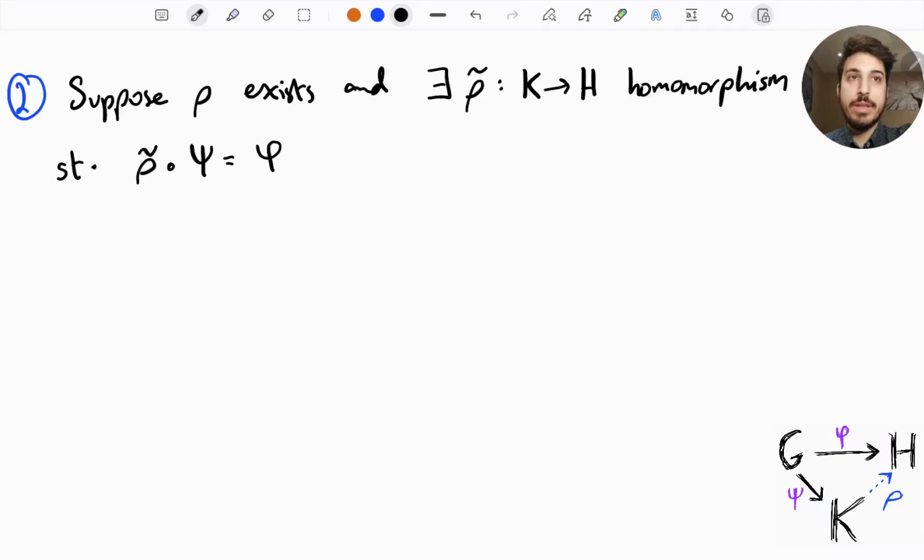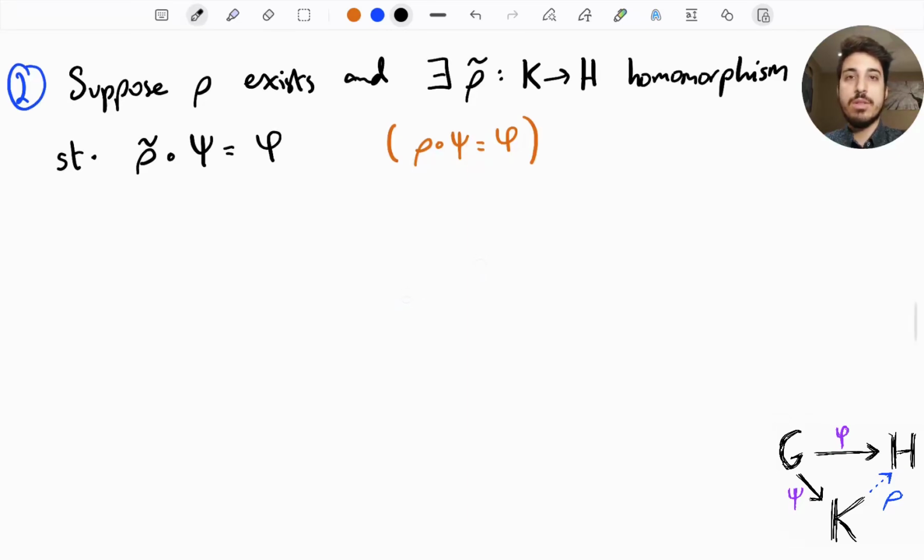We already know that rho composed with psi is equal to phi. So this means that we have now two homomorphisms that have the same functionality. We prove that they're equal. They're equal, it means that if they take one input, they give the same output.